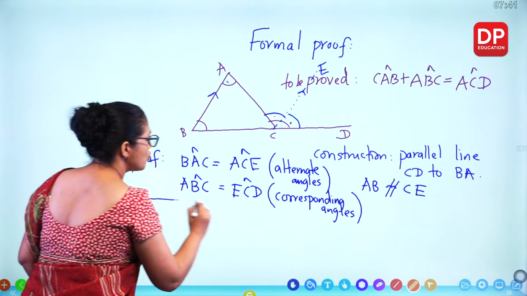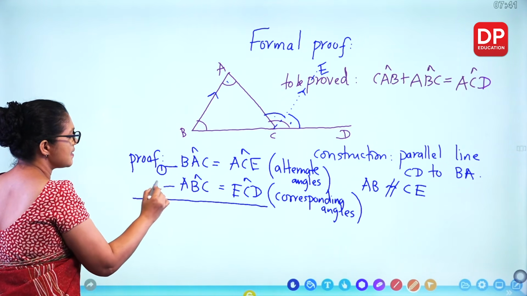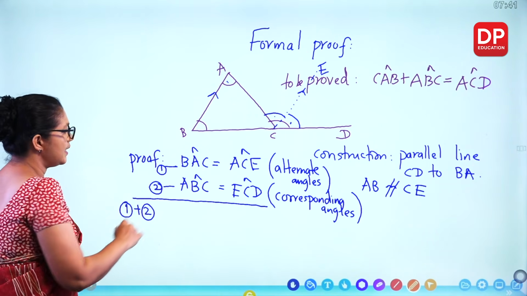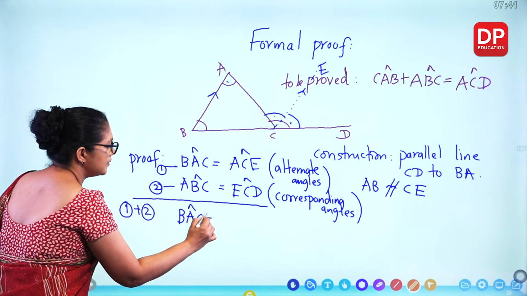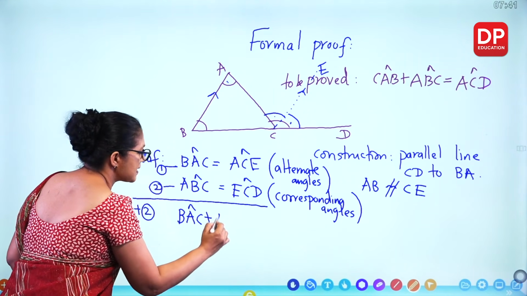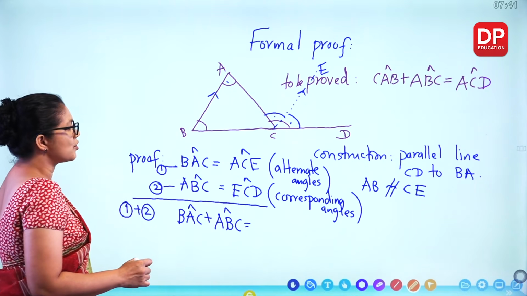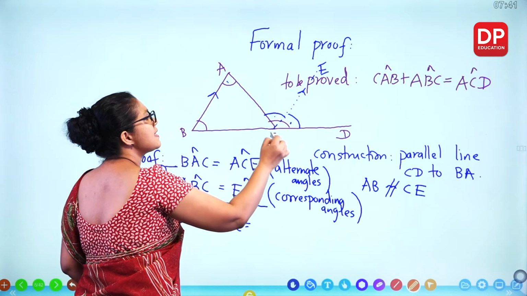Then I want to add these two. This is the first one. This is the second equation. I'm adding these two. Then I'm getting BAC angle plus ABC angle is equal to, now look at this one, ACE plus ECD.